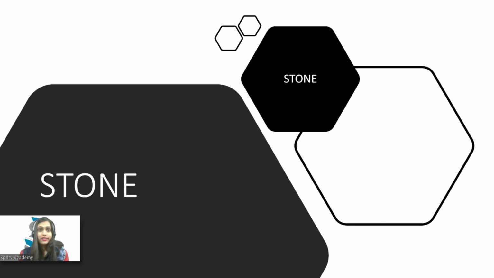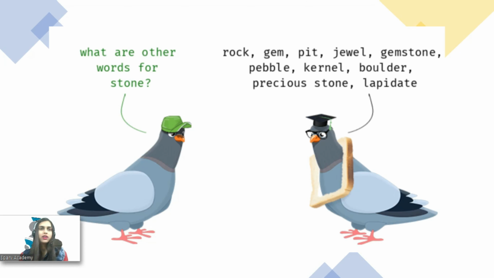Okay, so stone, the letter which starts with P for synonyms of stone. Let's see the synonyms and other words for stone: rock. No, that's not considered. Gem, pit. Yes, we can consider pit here. Jewel, gemstone, pebble. Right. Kernel, boulder, precious stone also considered, and lapidate. If you write any of the three in the comment box or chat box, they are all right words.